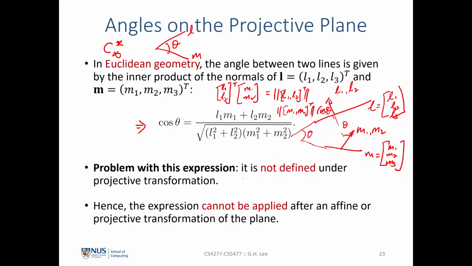What this means is that if I were to transform the lines L and M via any projective transformation, which I denote as H, into L prime and M prime respectively, where L prime is given by H inverse transpose of L, and M prime is given by H inverse transpose of M, then I wouldn't be able to directly make use of L prime and M prime in this equation to compute the angle between the two lines after the projective transformation.